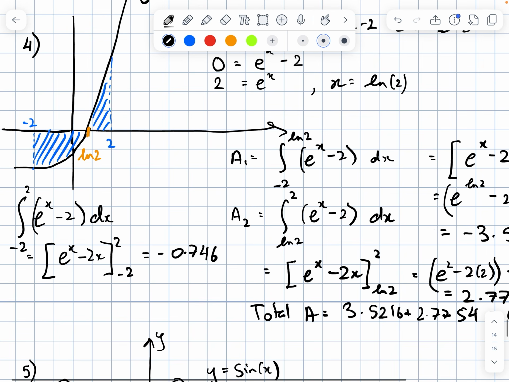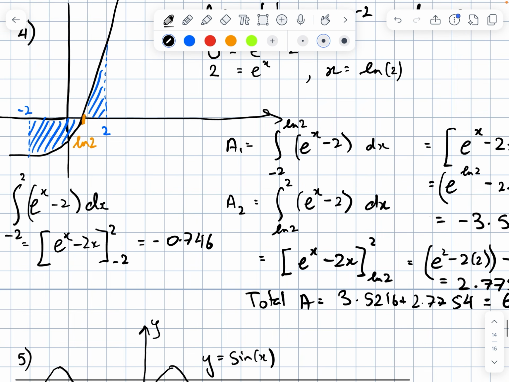The key thing is being very careful when things are below and when things are above the x-axis.